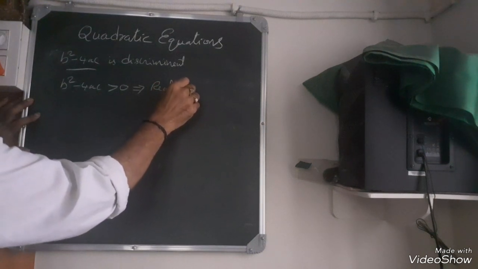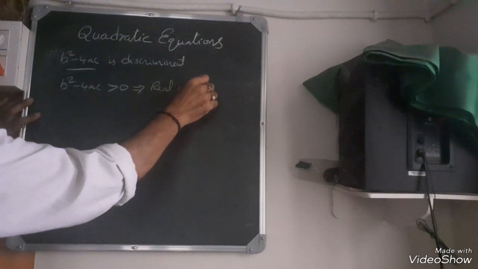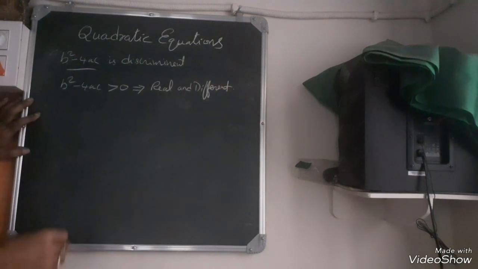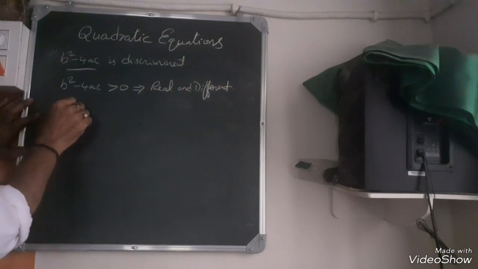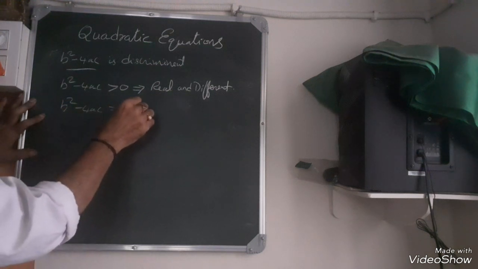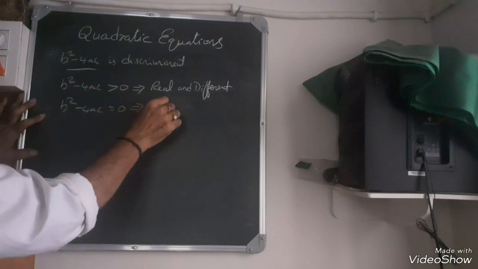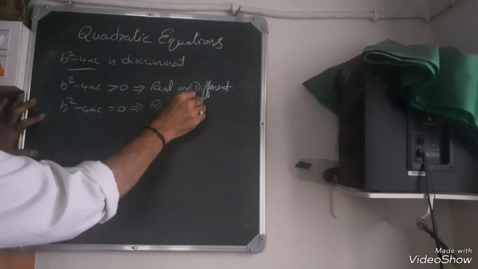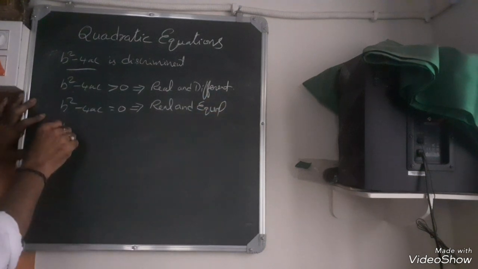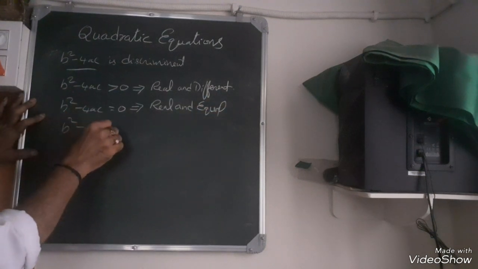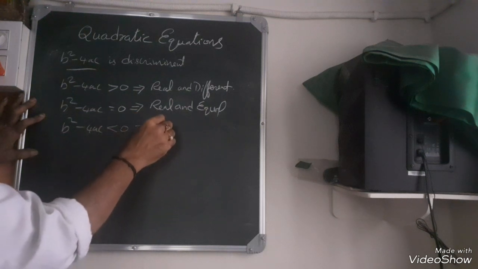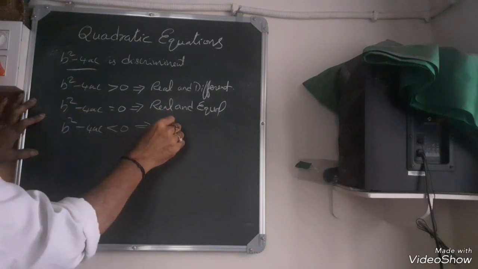When b square minus 4ac is equal to 0, the roots are real and equal. And when b square minus 4ac is less than 0, the roots are not real.